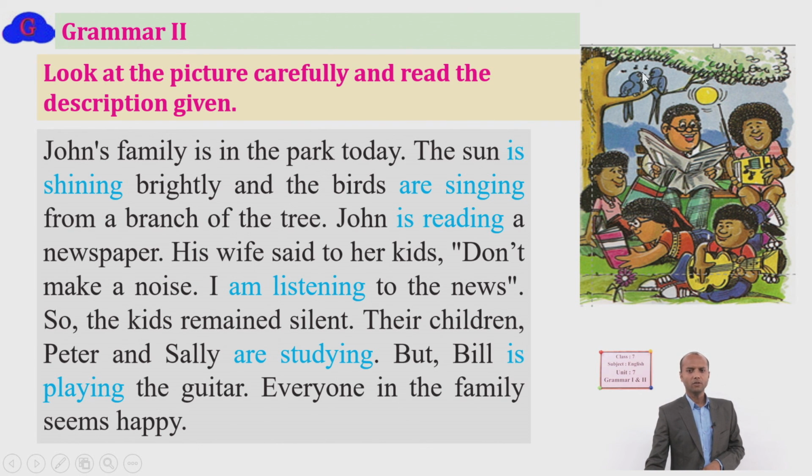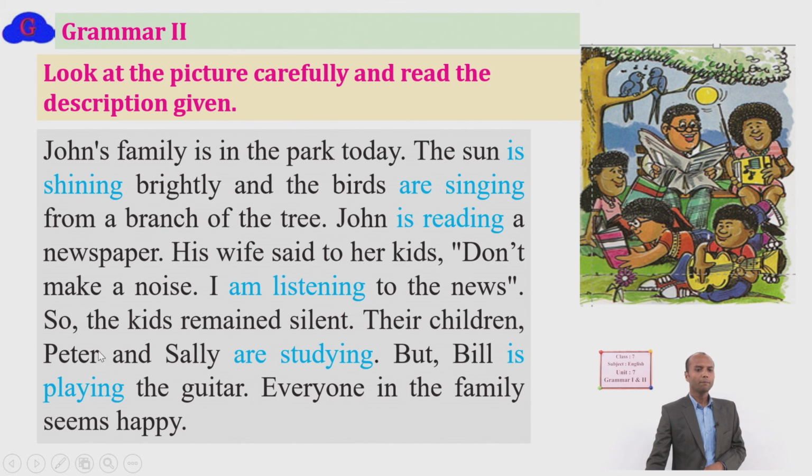They are singing from a branch of the tree. John is reading a newspaper, you can see here. And his wife said to her kids, don't make noise. Why? I am listening to the news. So the kids remained silent.